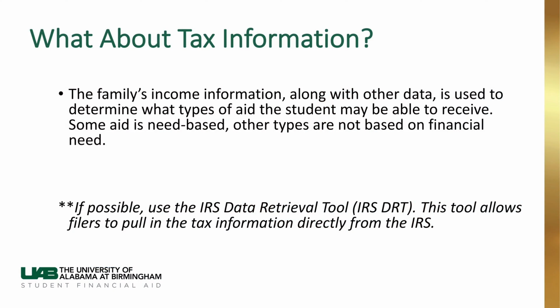But again, we typically do things on a first-come, first-served basis, and when I run out of money, I'm nowhere close to running out of eligible students. So the earlier you file, the more likely you are to be considered for those funds. We do, as I've mentioned, need your tax information that's used to determine the types of federal aid that your student may qualify for. And again, I really want to encourage you to use that data retrieval tool.